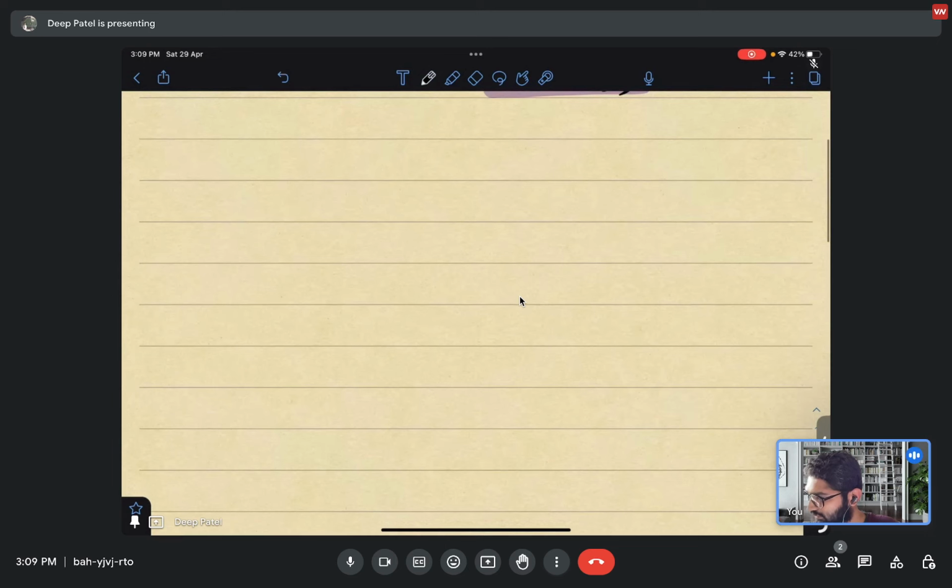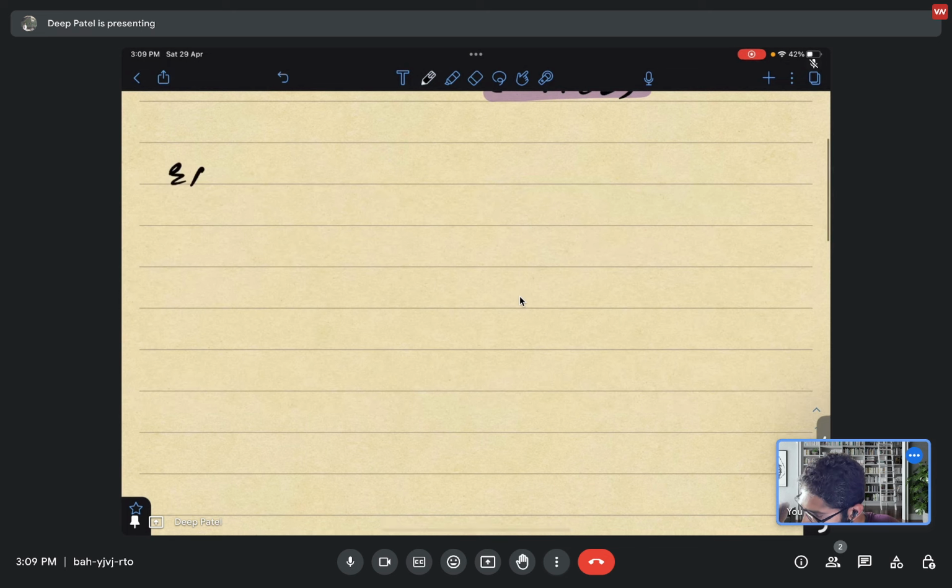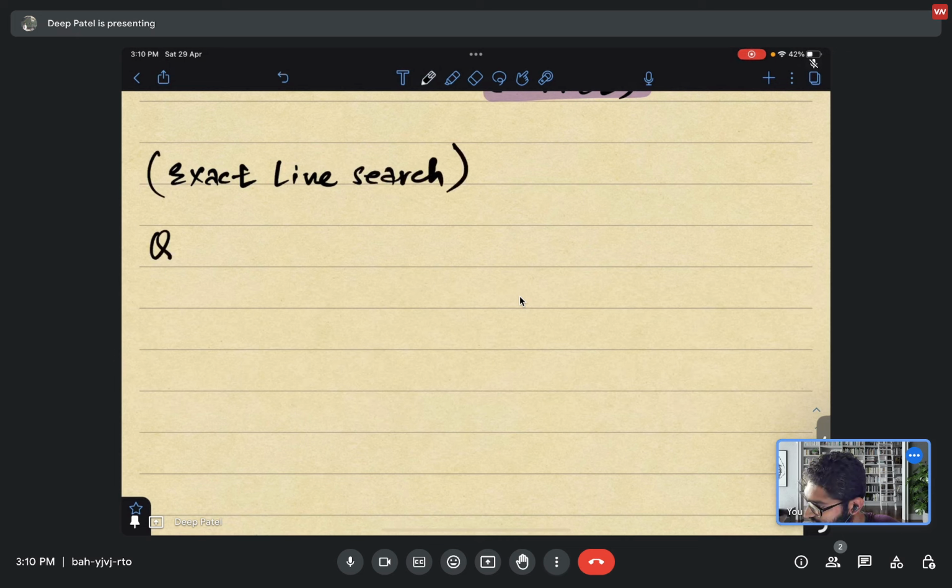We look at a question of line search, exact line search. Okay. So we'll keep it simple. We'll take the objective function to be quadratic.